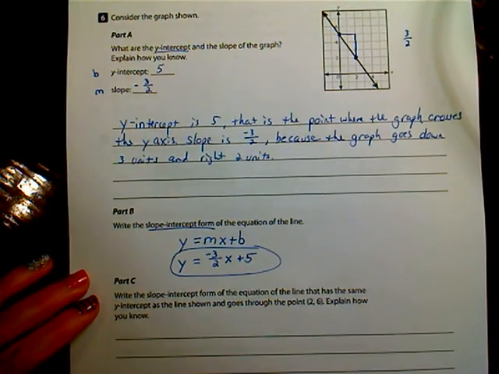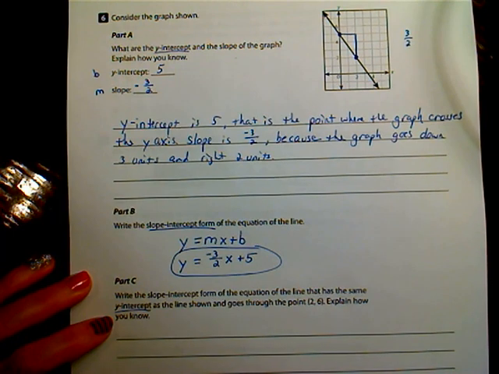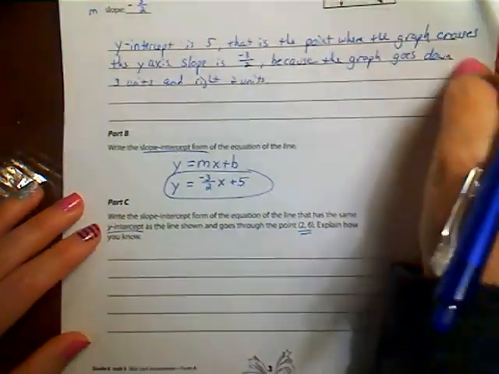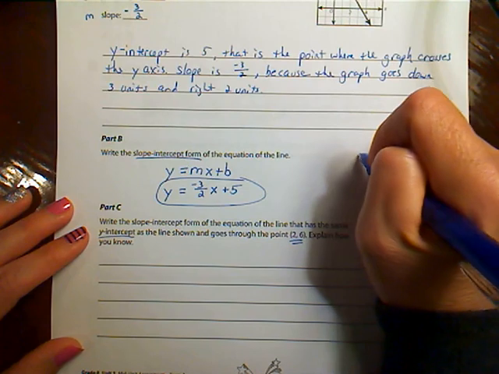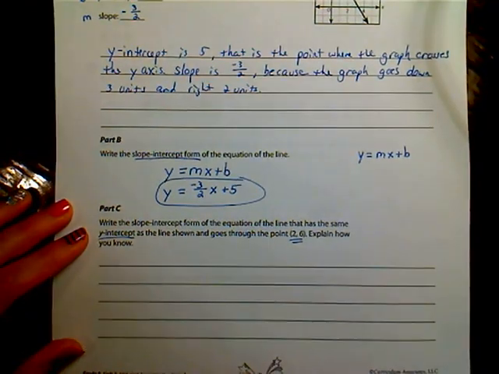Part C. Write the slope-intercept form of the equation of the line that has the same y-intercept. Okay, so same y-intercept, and goes through the point 2, 6. So we're looking for a new slope here. I'm going to set this problem up over here on the right. I've got y equals mx plus b.